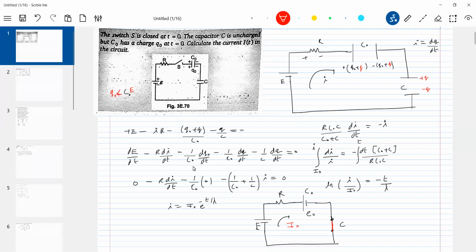So how to calculate this I naught? So plus E minus I naught R minus E naught equal 0. So what is I naught equal to? E minus E naught by R. So what is the value of E naught? We don't know anything about E naught. So E naught is what?